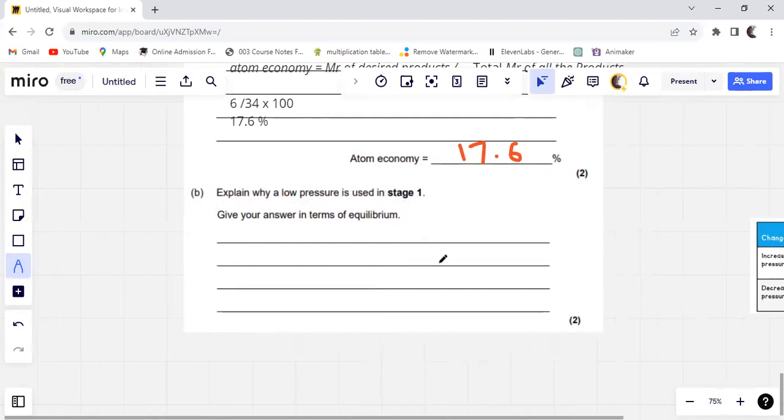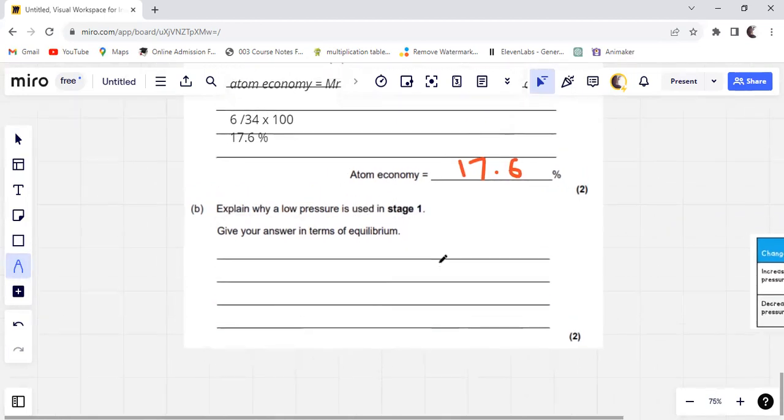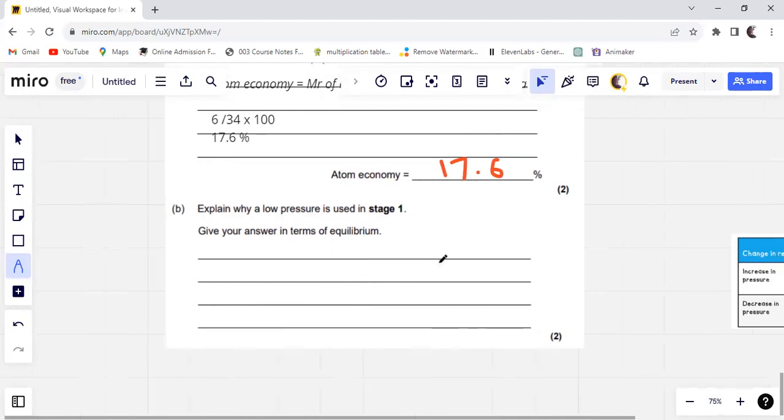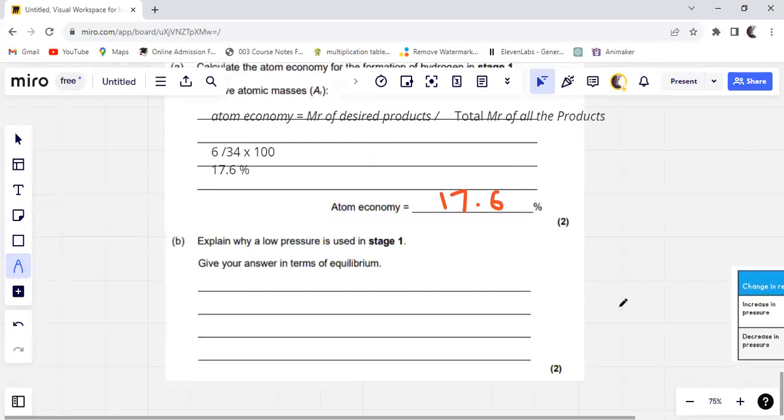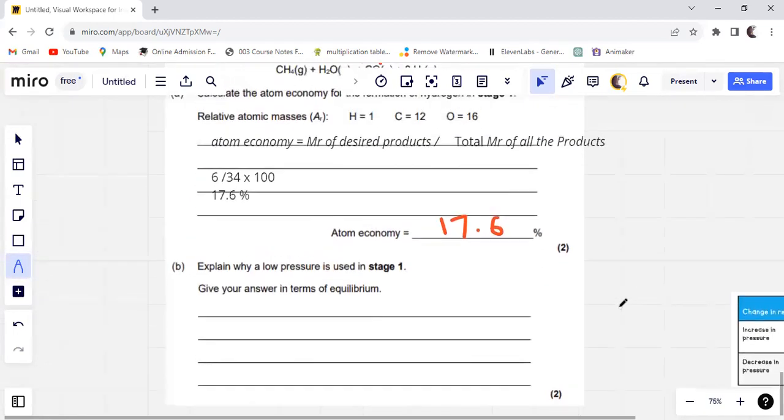Whenever an equilibrium is established, it is in a closed vessel and the reaction is reversible. So this is also a reversible reaction. They are asking why a low pressure is used in stage 1.